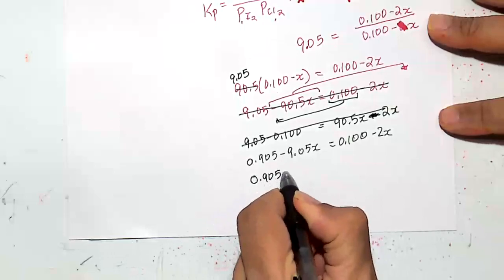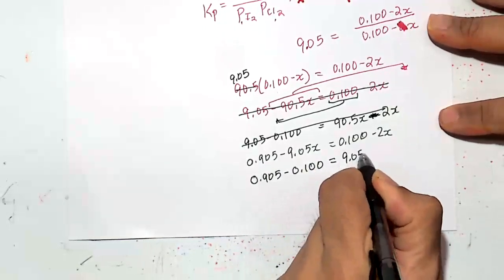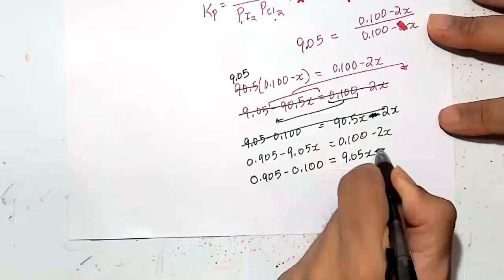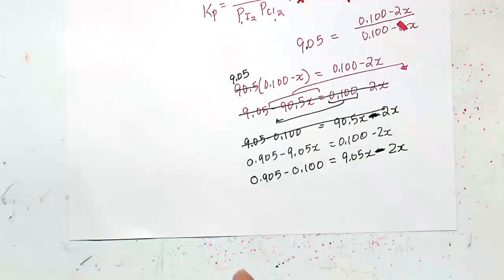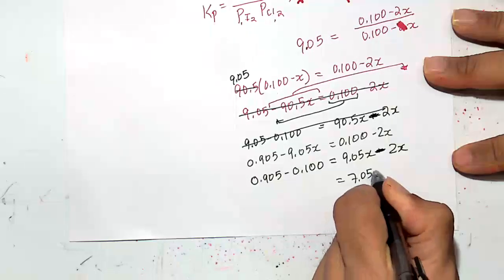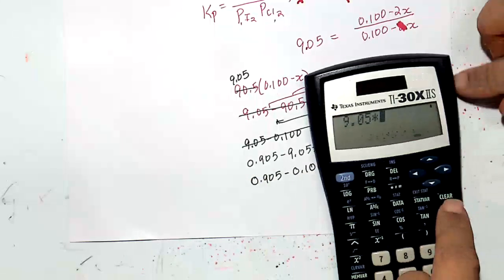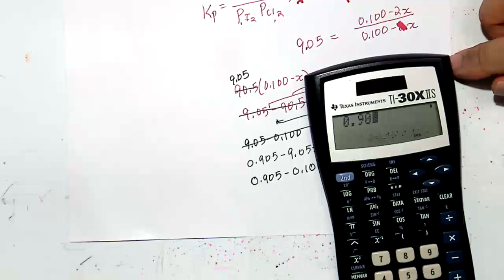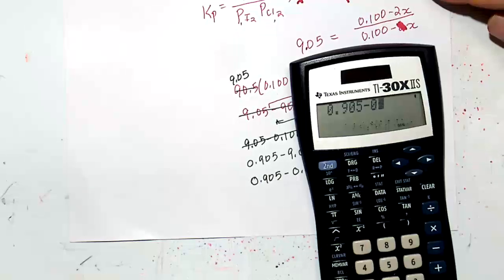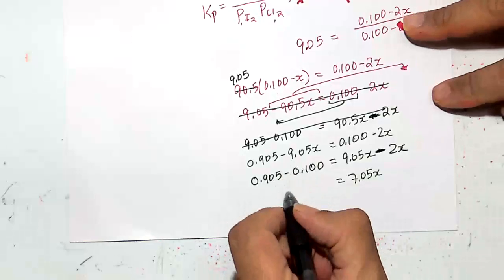And then 0.905 minus 0.100 equals 9.05x minus 2x. Okay, so just making sure, 7.05x equals, what's this, 0.805?